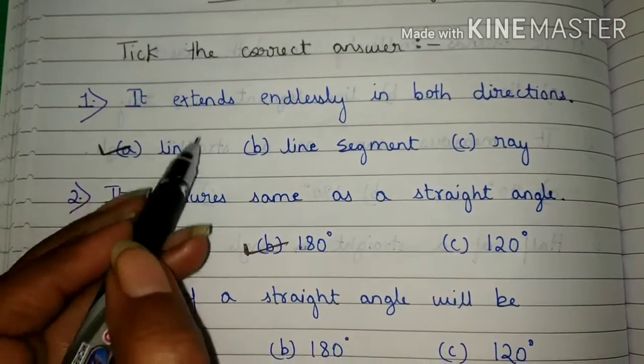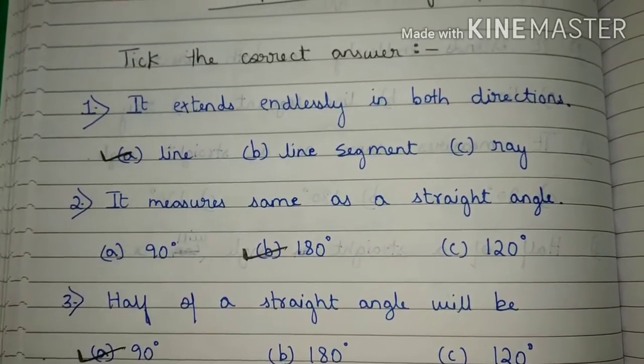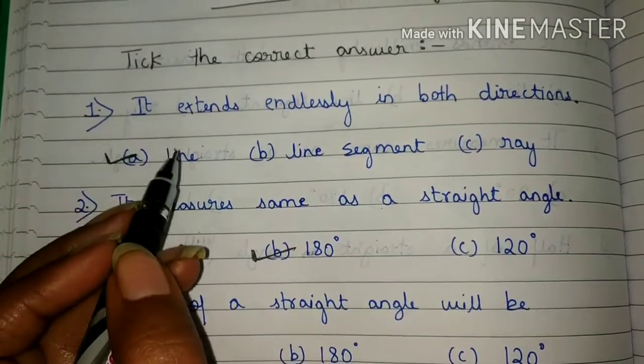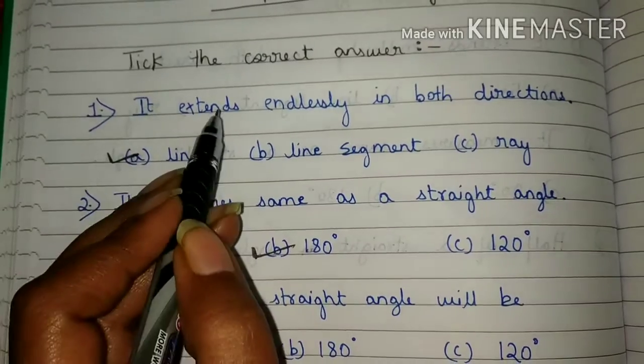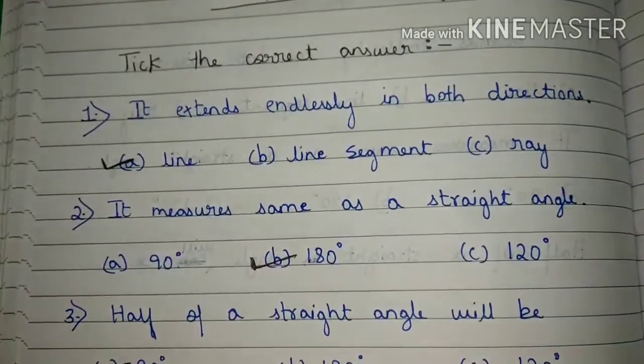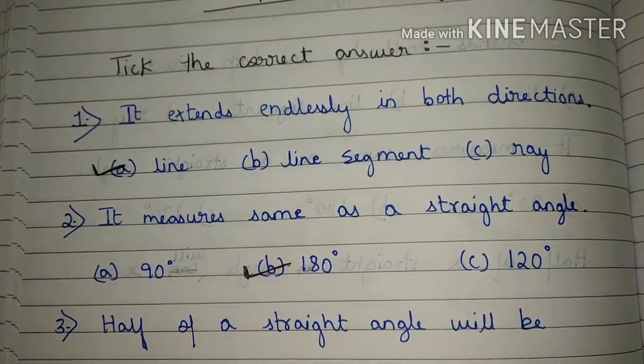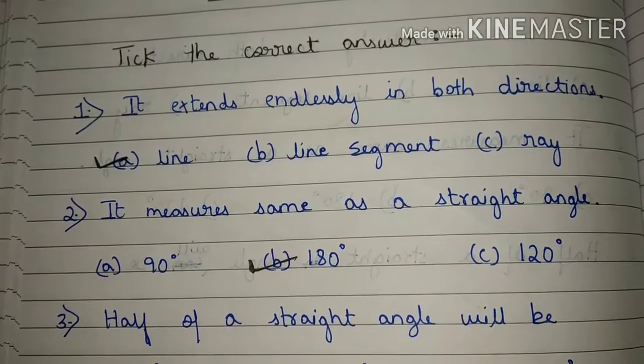Students, we know that a line has no endpoints. And a line can be extended endlessly in both directions as it has no fixed length. It is straight and has no thickness.